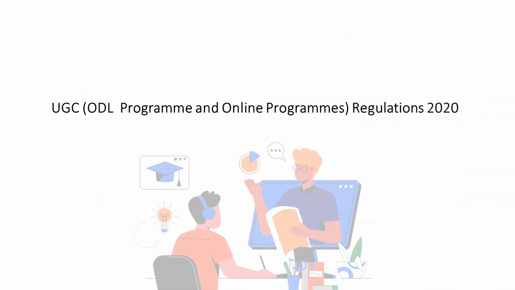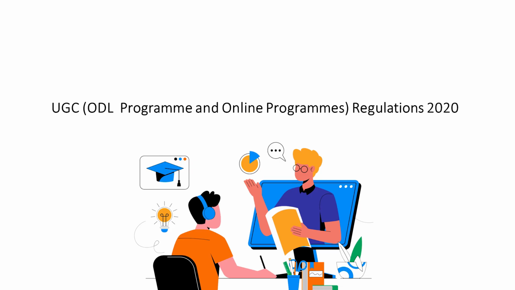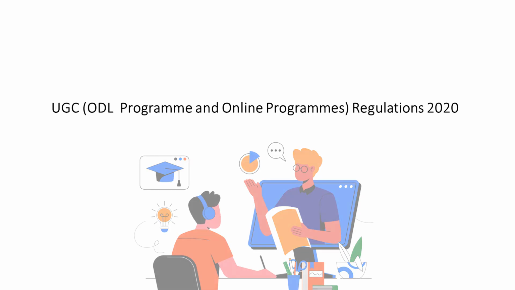By this time, the UGC has published the regulations, namely the UGC ODL Programs and Online Programs Regulation 2020. Here you will get a very important pertinent center, that is the Center for Internal Quality Assurance. Every open and distance learning institution, whether it is an open university or a dual mode university, has to set up mandatorily the Center for Internal Quality Assurance.